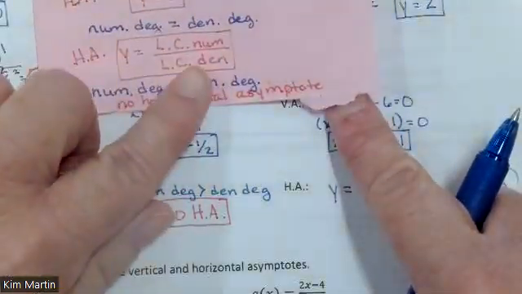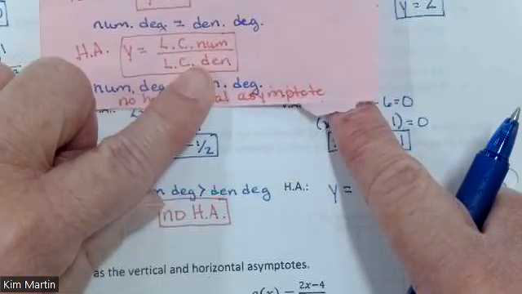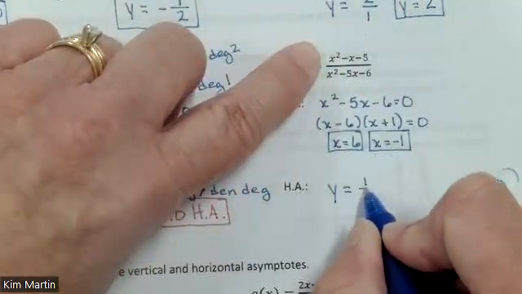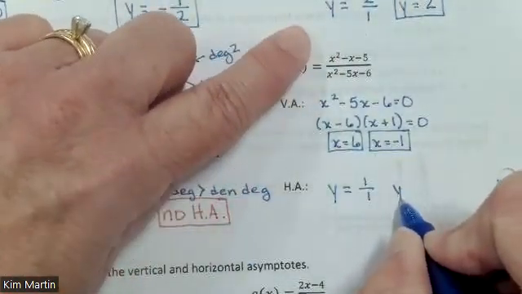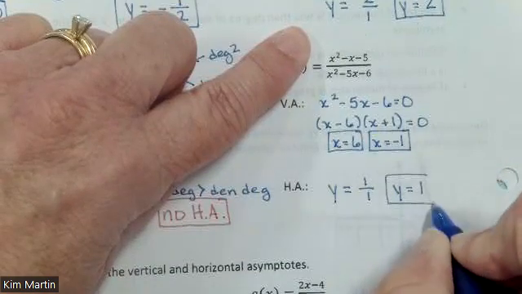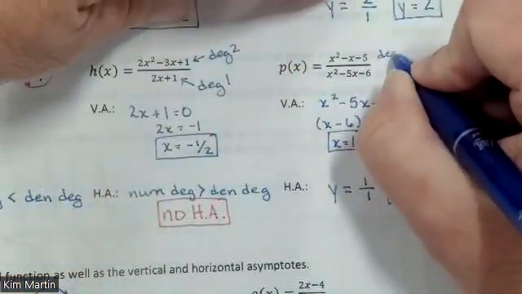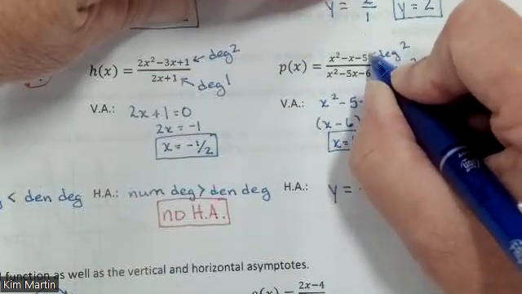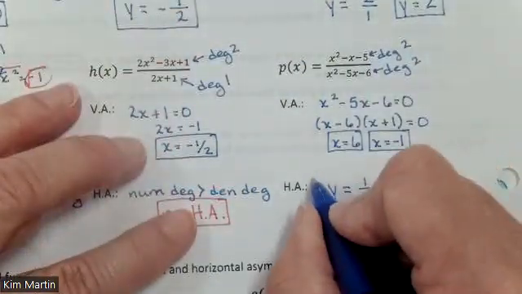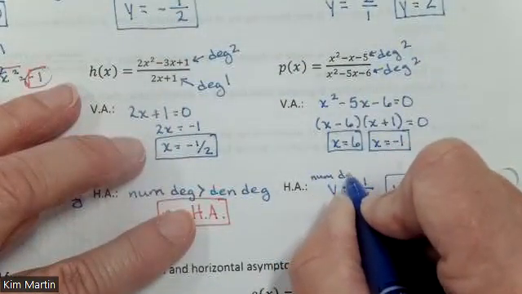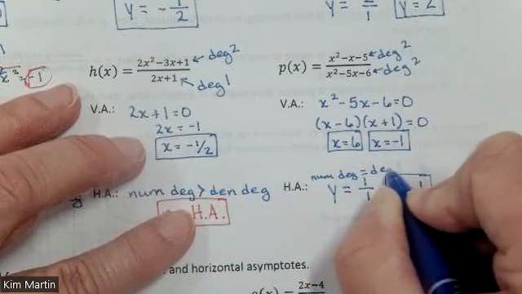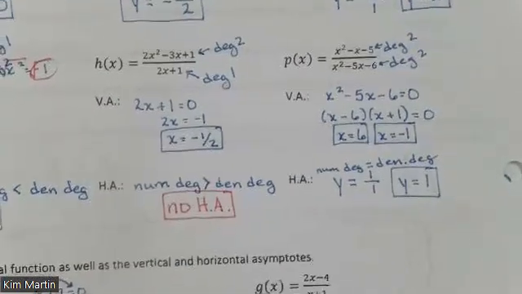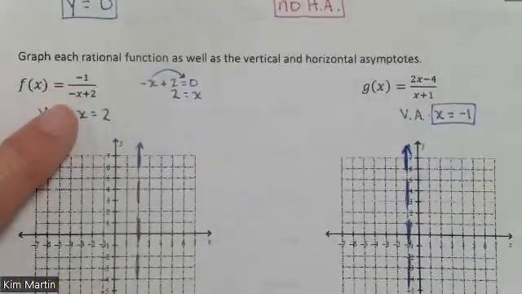Well, when they're equal, leading coefficient of numerator over leading coefficient of denominator, so we have 1 over 1, which means it's y equals 1. And I forgot to say on this that the numerator degree equals denominator degree. I want you to find the horizontal asymptote right here.